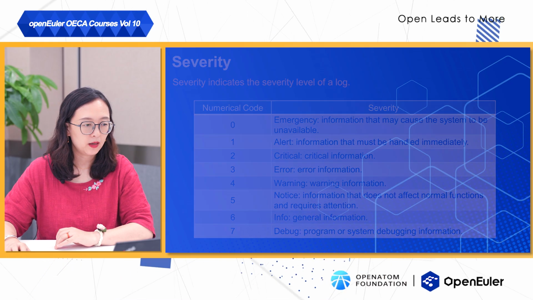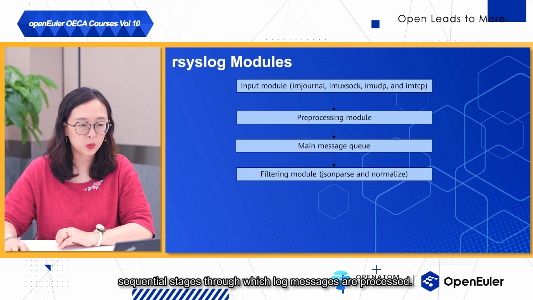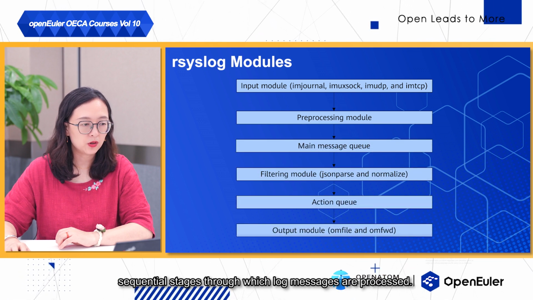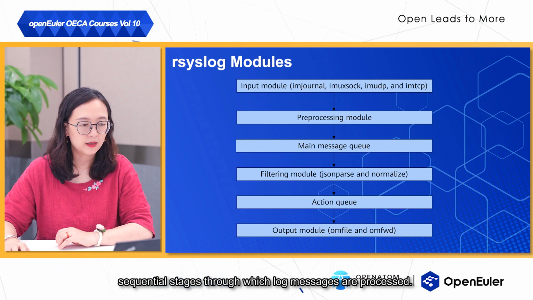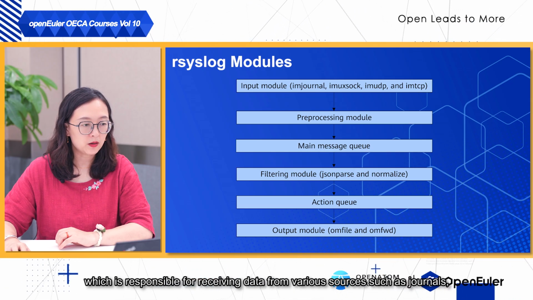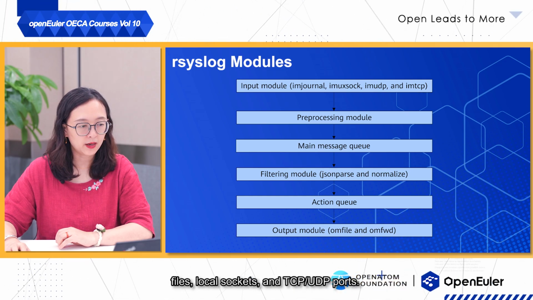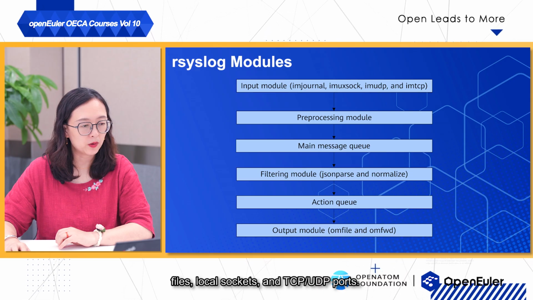The rsyslog message flow consists of several sequential stages through which log messages are processed. First, messages enter the input module, which is responsible for receiving data from various sources such as journals, files, local sockets, and TCP/UDP ports.